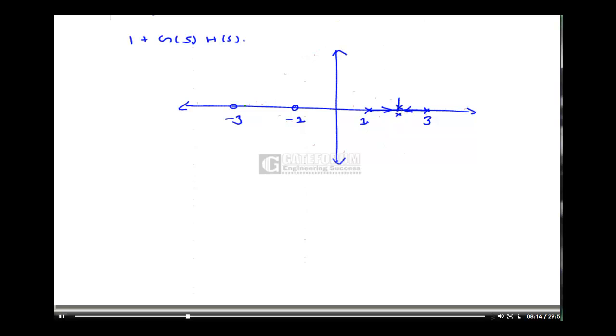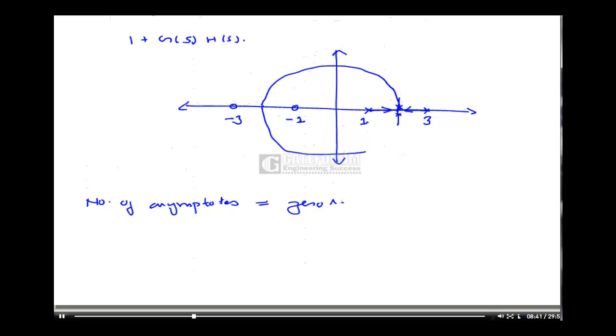Because the number of poles equals the number of zeros, the number of asymptotes equals 0. That means no single pole will terminate at infinity. Both poles will terminate at both zeros. So the poles will break apart from here and reach a certain point here.